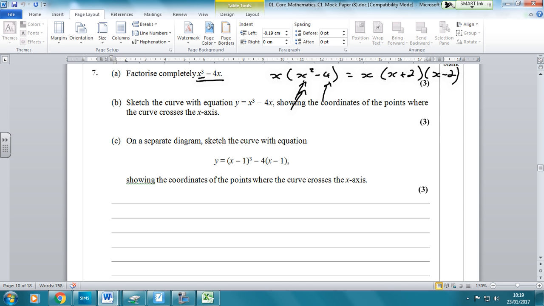And then we've got to sketch that. The place where it goes through the x-axis is when this equals 0, this equals 0, and this equals 0. So that's going to be 0, minus 2, and 2.